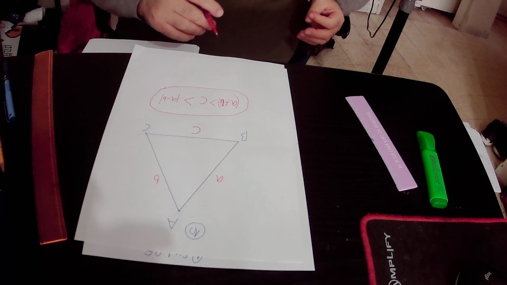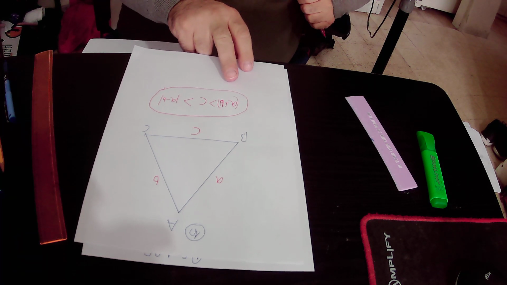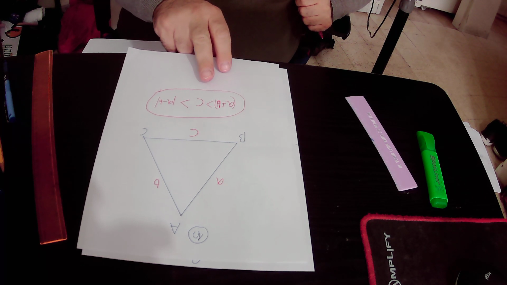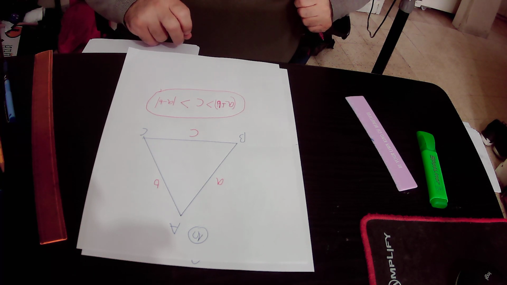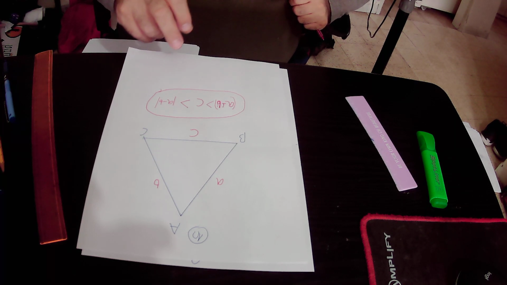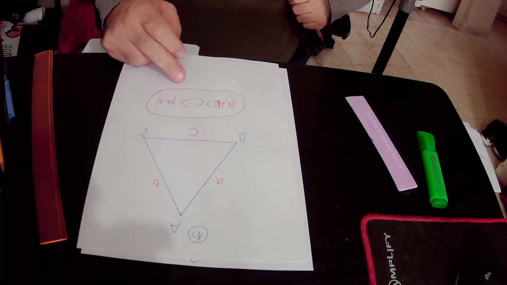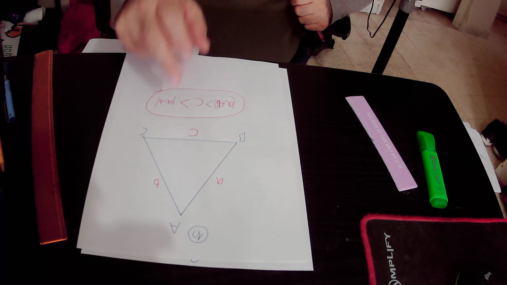The first part of rule number 4 states that the sum of two sides of the triangle, A plus B, is greater than the length of the third side, that is to say A plus B is greater than C. And the second part of rule number 4 states that the difference between two sides of any triangle, that is to say the absolute value of A minus B, is smaller than the length of the third side, that is to say the absolute value of A minus B is smaller than C. C is the length of the third side.